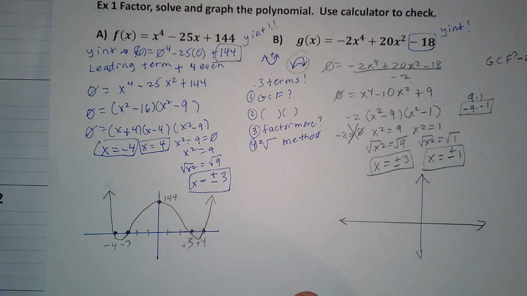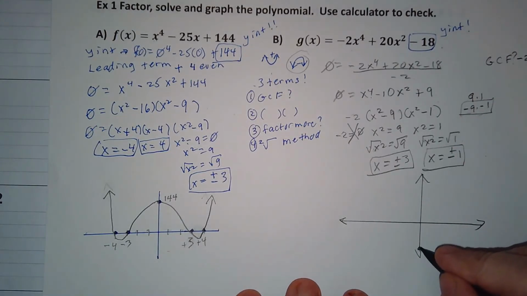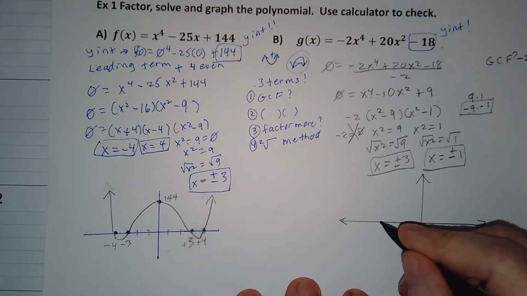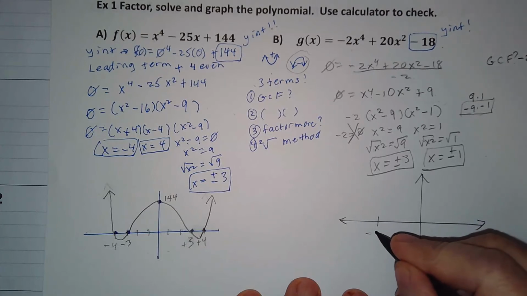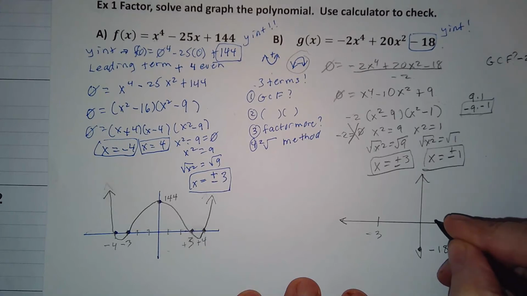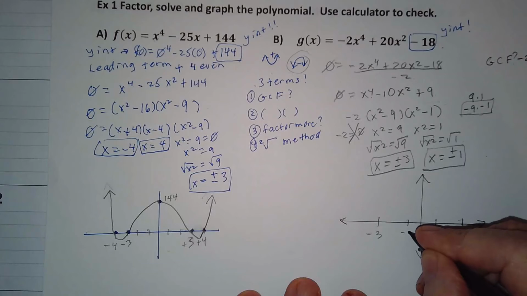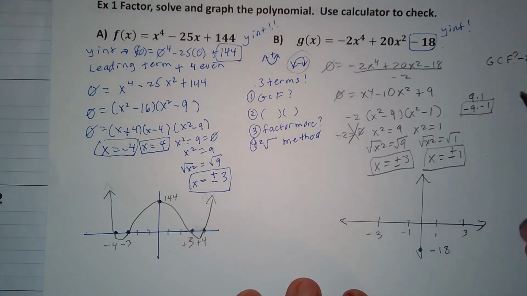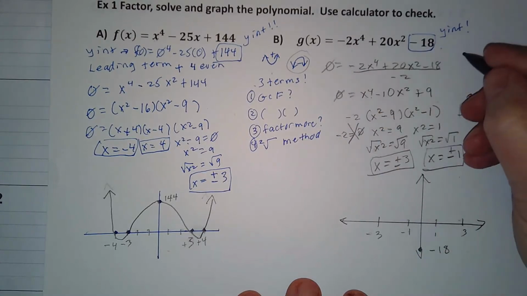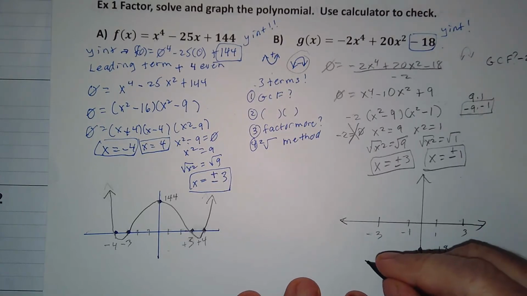All right, so in this case, our y-intercept is negative 18, so it's down here somewhere, negative 18. And then we have positive and negative 3, so this is negative 3, this is approximately positive 3, this is approximately positive 1, this is approximately negative 1. All right, and so because again we have a negative leading term, our graph is going to go down and down, so it's going to end up down here somewhere.